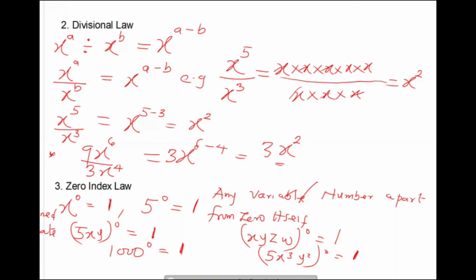So don't use zero raised to the power of zero. So any variable, take it either x, y, any variable. That means any alphabet we use in math, we call it variable. Raised to the power of zero, that will give us one. And any number itself apart from zero raised to the power of zero will give us one.